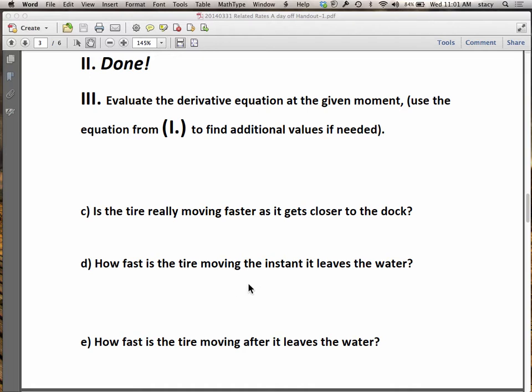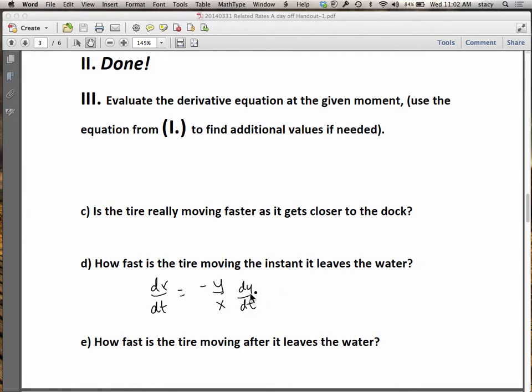Question D can hurt your brain. So I'd kind of like to skip it. But here's what I'll say about it, right? So we found that dx dt was, what was it, negative y over x, dy dt?